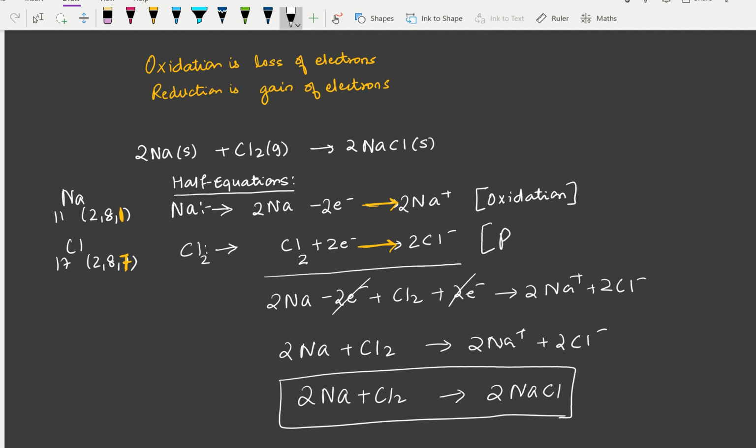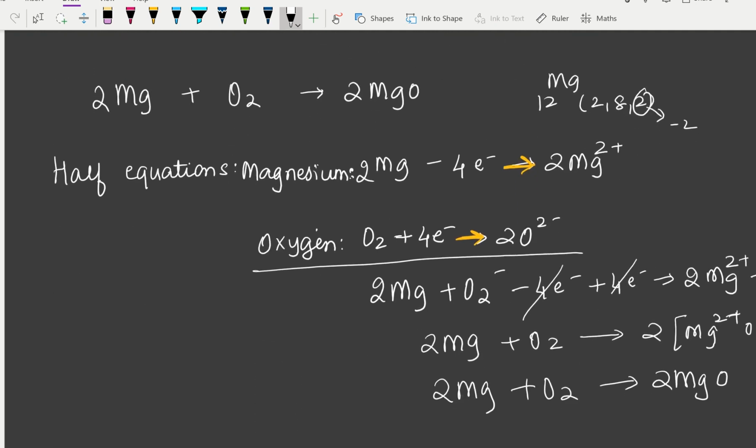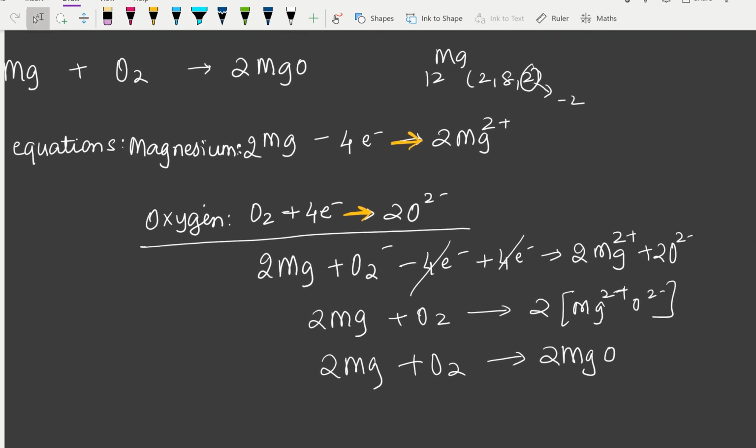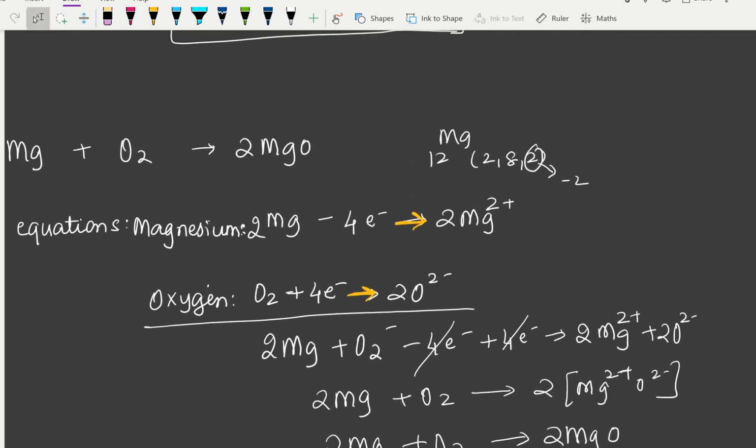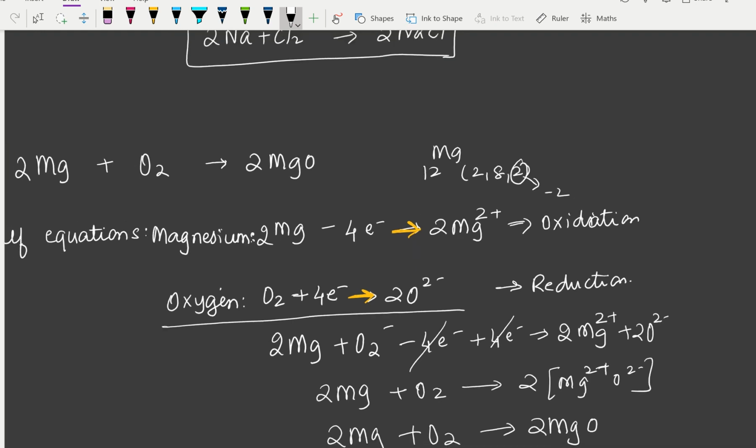And the lower one is reduction, because the electrons lost by sodium were gained by chlorine. In the same way, the half equation for magnesium tells you that electrons were lost by magnesium, oxidation is loss, so magnesium got oxidized, and this is an example of reduction.